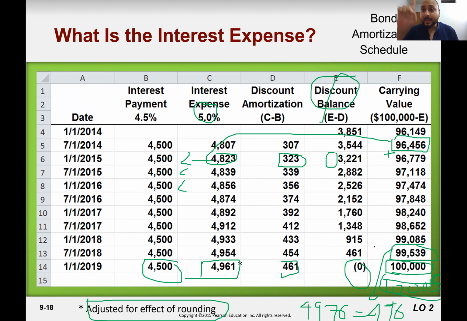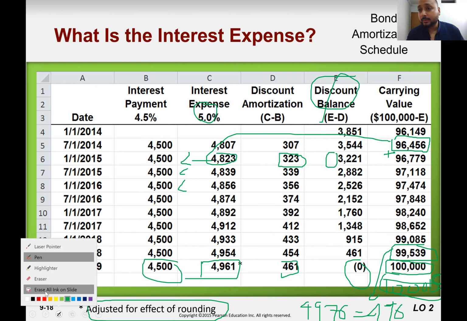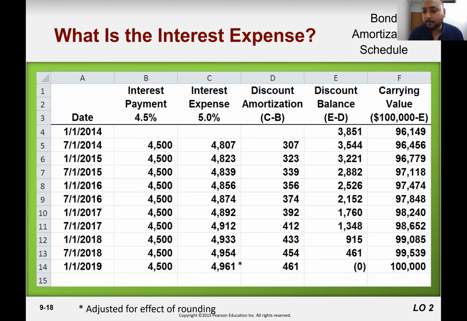So similarly, like in our accelerated depreciation, the last is the balancing value. The same here, the last is going to be the balancing value. So you multiply it, the answer is 4,976. If you subtract 4,500, it is going to be 476.